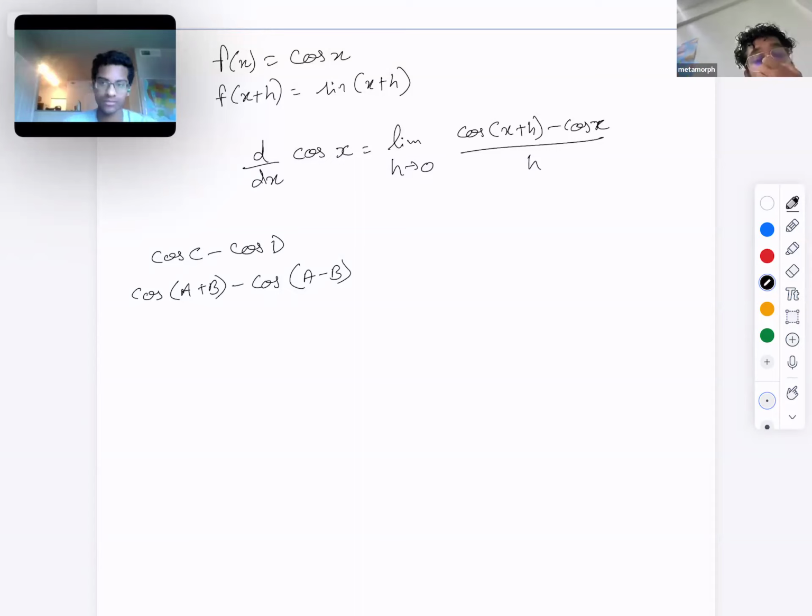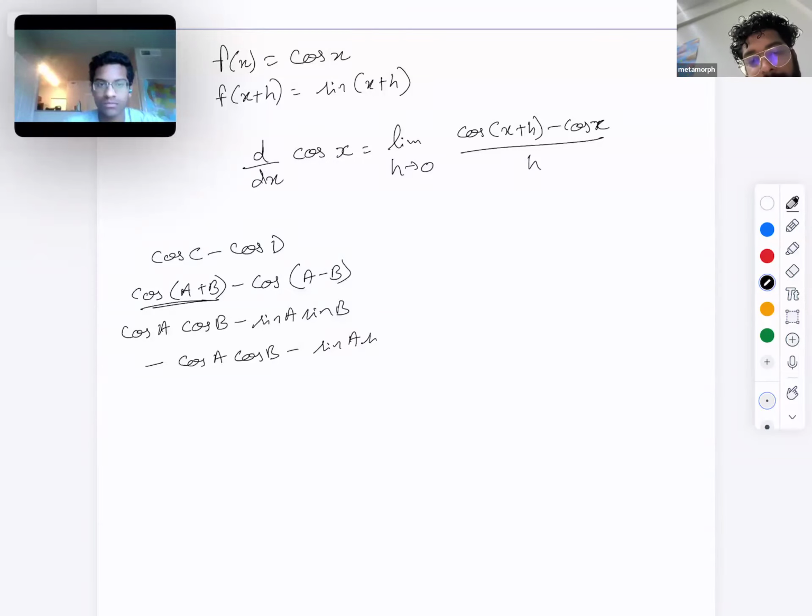If I open this up, I get cos a cos b minus sine a sine b, that's cos a plus b, minus cos a cos b plus sine a sine b.